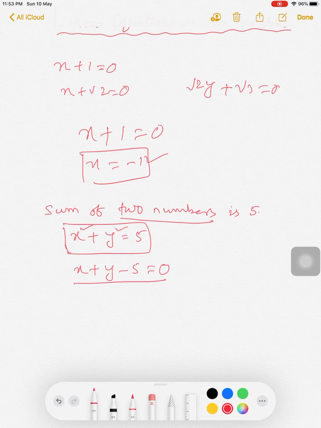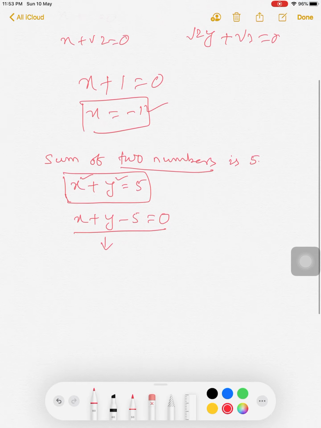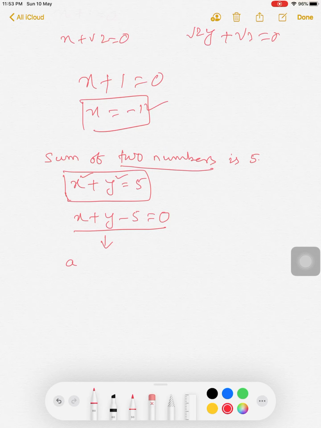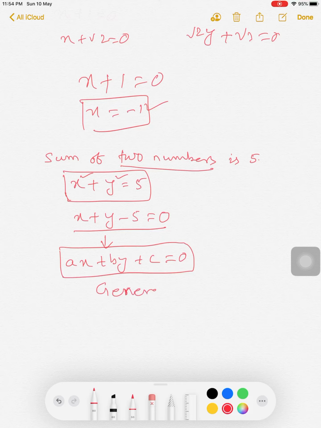And this can be written in a general form: ax plus by plus c equal to 0. Okay, so this is the general form of a linear equation.